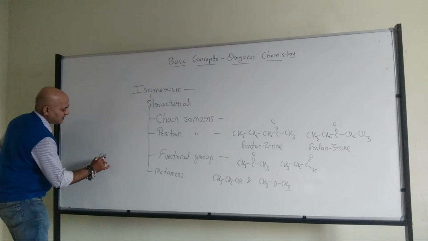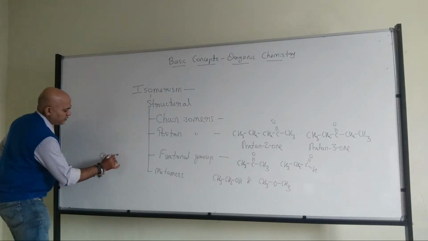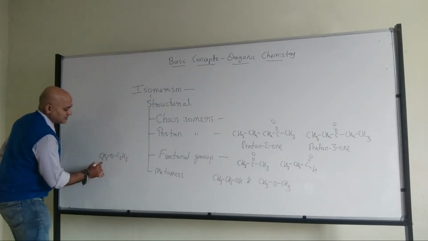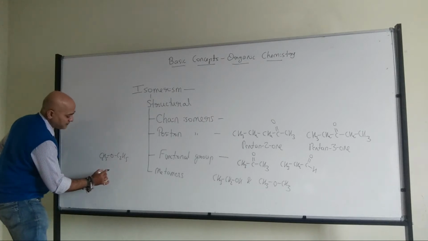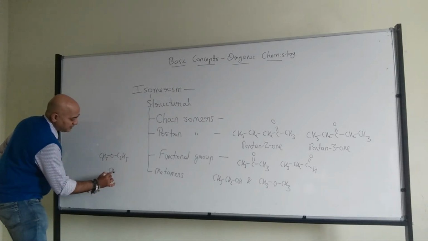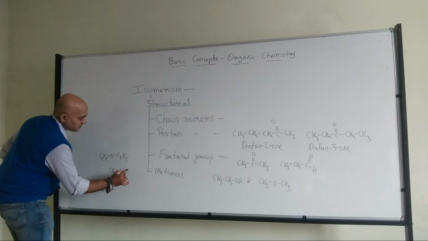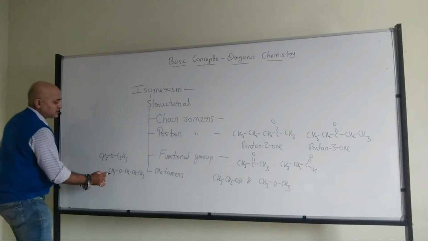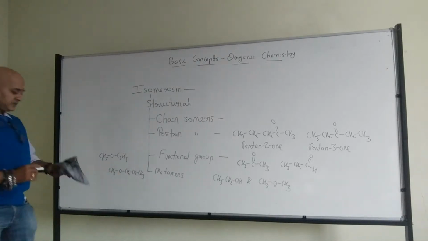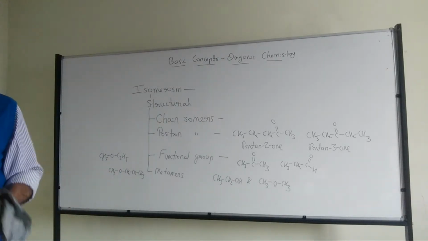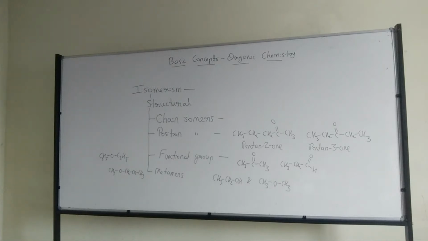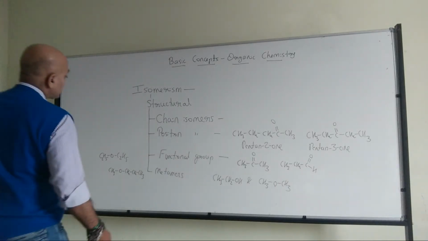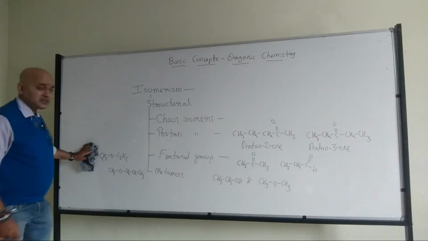For example, C2H5-O-C2H5, that is ethoxyethane. Then another one can be CH3-O-CH2CH2CH3, that is methoxypropane. Ethoxyethane, methoxypropane. Like that we can have structural isomers with respect to metamers.